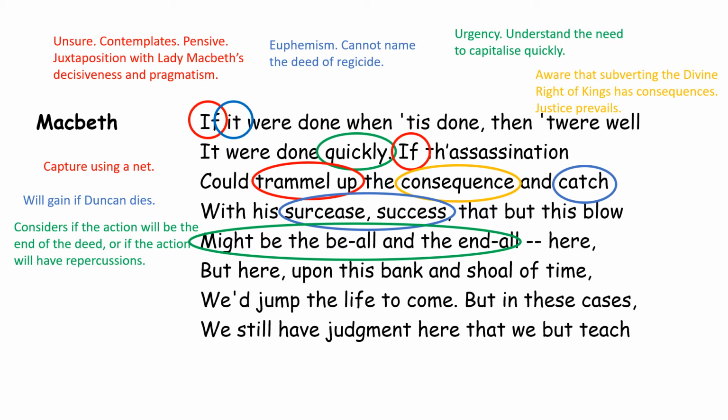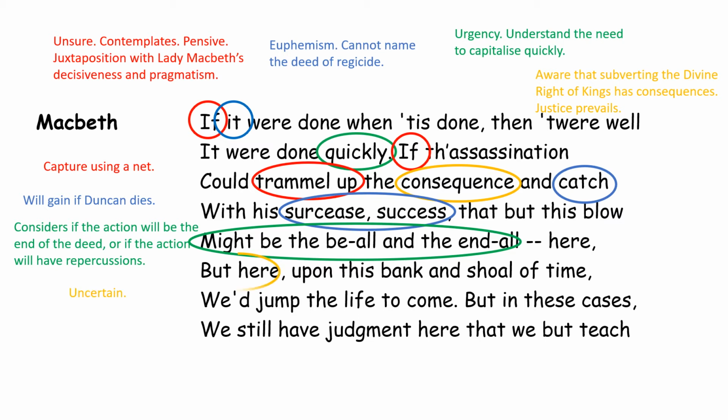He is very aware that actions have consequences and that these repercussions will come back later. He's not going to be able to kill the king, get away with it, and nobody ever questions it. So he's considering not just the act itself, but whether or not the act itself would even be possible. And there's that moment in his mind where he realizes it won't be the be-all and end-all at all.